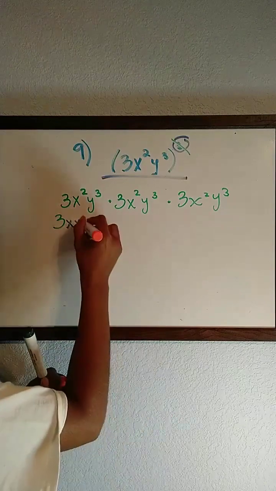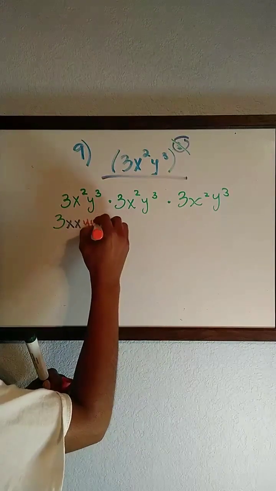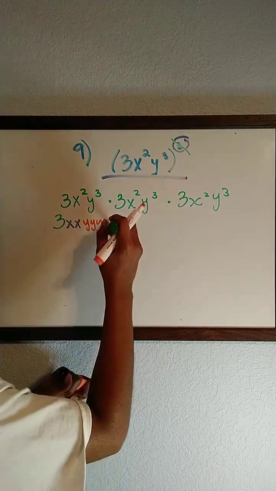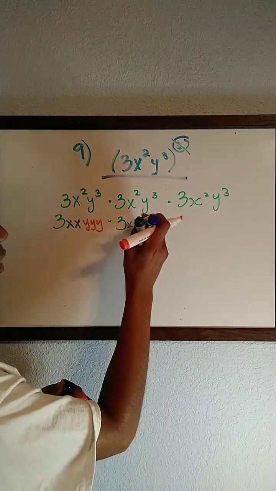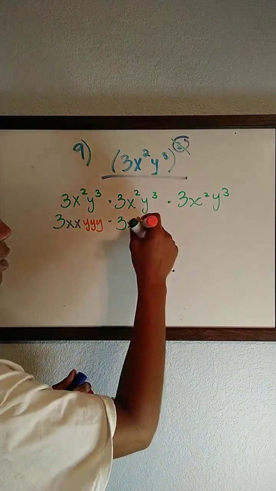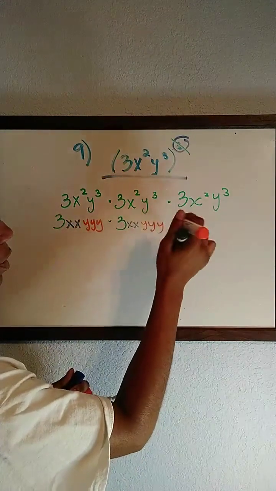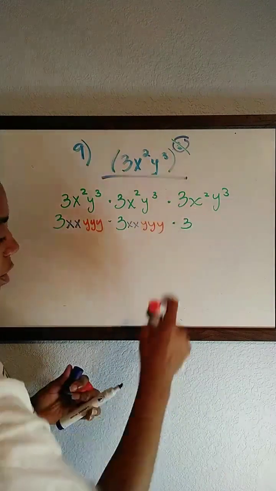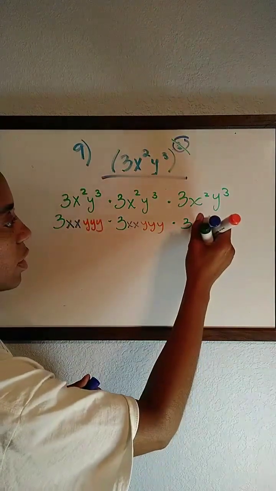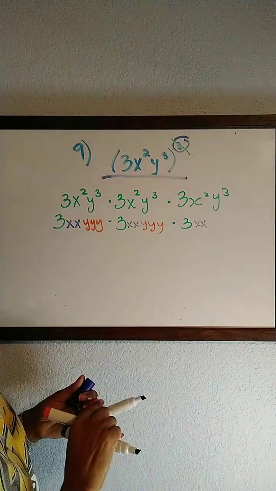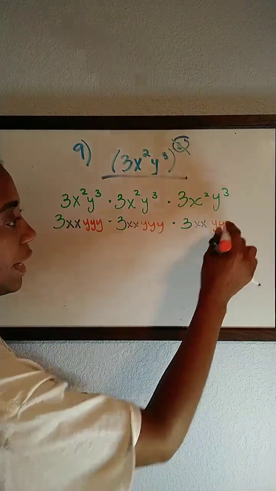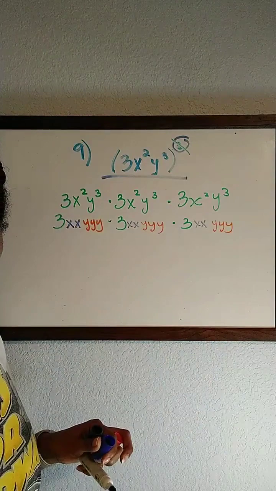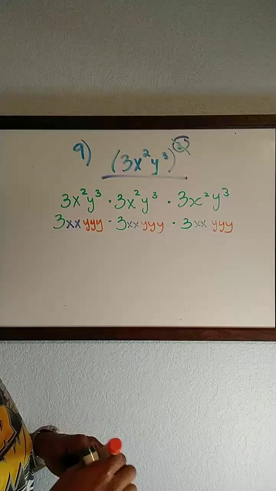So I have 3 of those. 1, 2, 3, and then I'm going to repeat this: 3, 2 x's, 3 y's. Do it again: 3, 2 x's, 3 y's. Now all of my exponents are gone. Yes, Melanin. All of my exponents are gone.